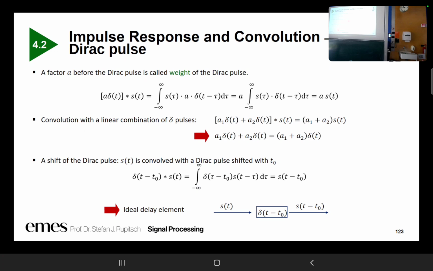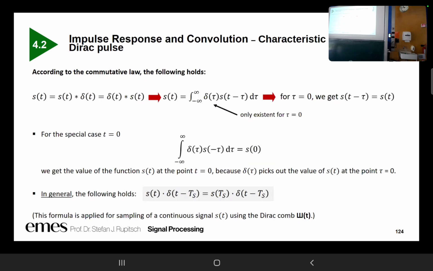For sampling. Exactly. This is a very important property for sampling, because our sampling is not modulated, it's modeled by the combination of time-shifted Dirac pulses. And that's sampling. Good.